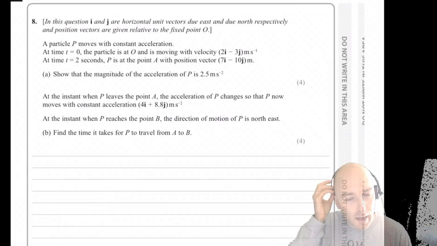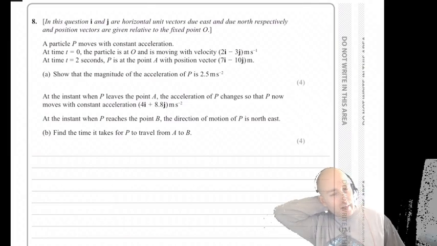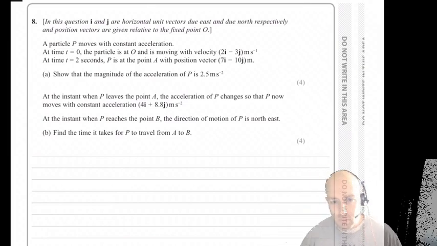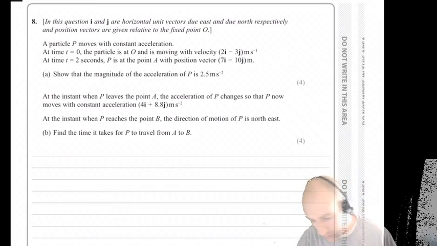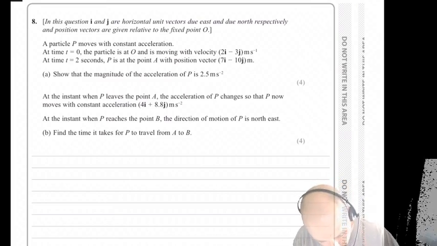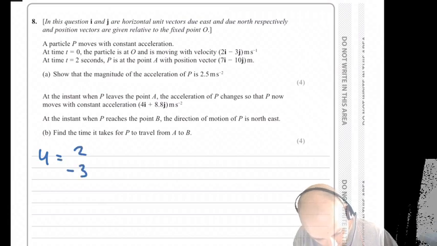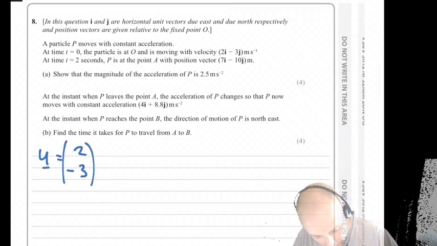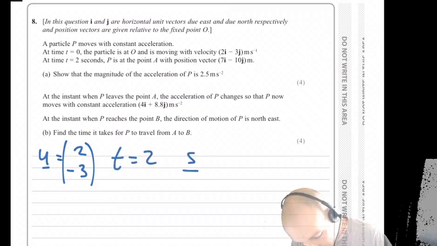All right, let's do this then. So it's a bit of vector suvat really. For the first bit, we know our initial velocity u is 2, minus 3. We know when t equals 2, our position is 7, minus 10.